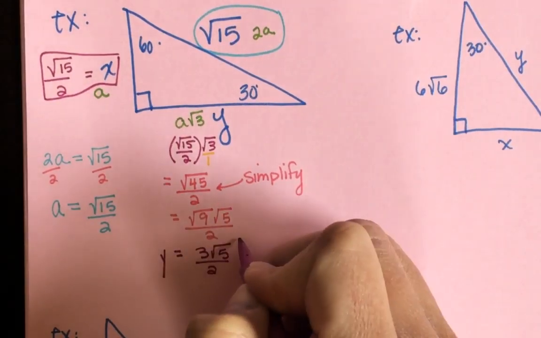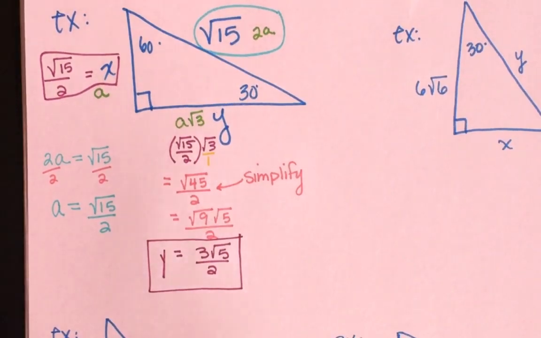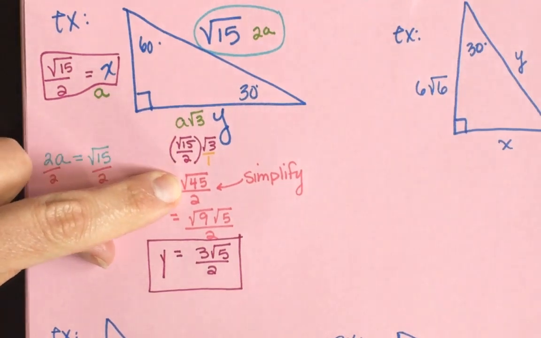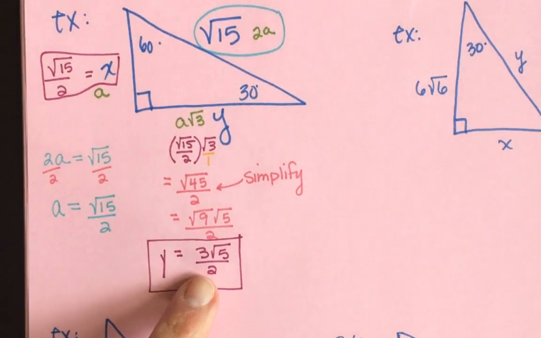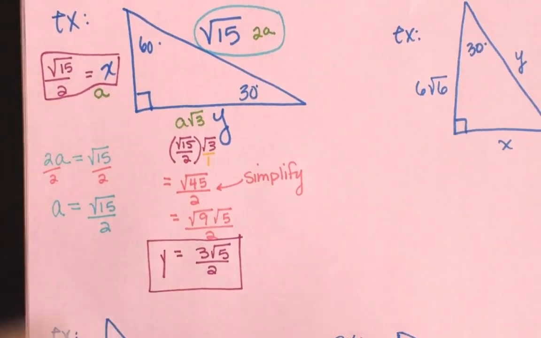So y is 3 radical 5 over 2. And again, we just plugged it back in, but we had to make sure that we simplified. This guy and this guy were the answers that were requested. So make sure you see that it's a radical in a fraction.